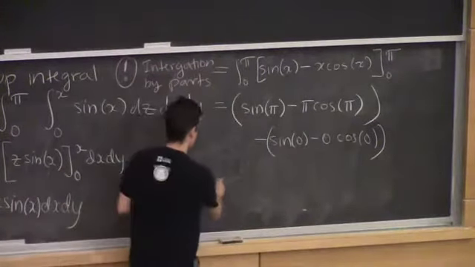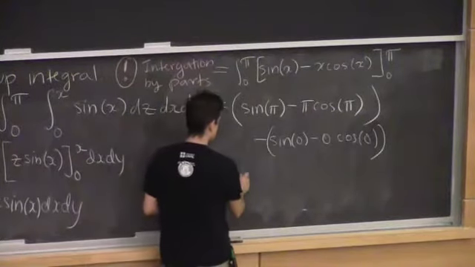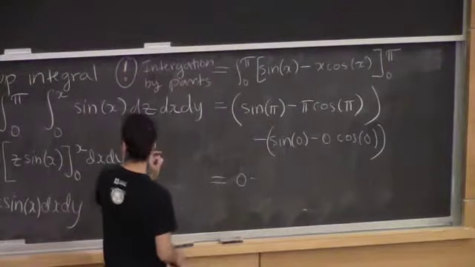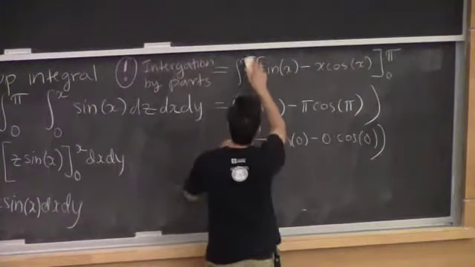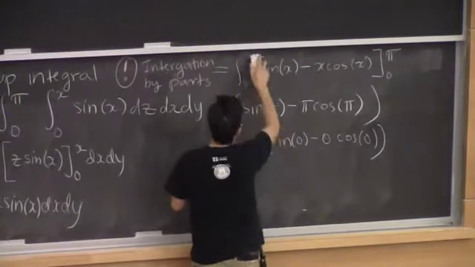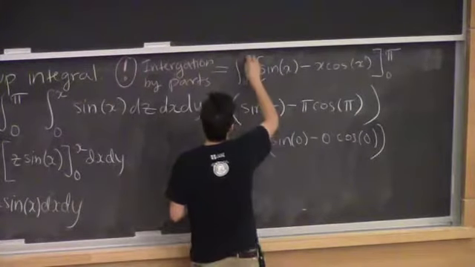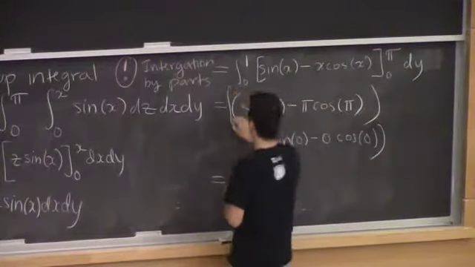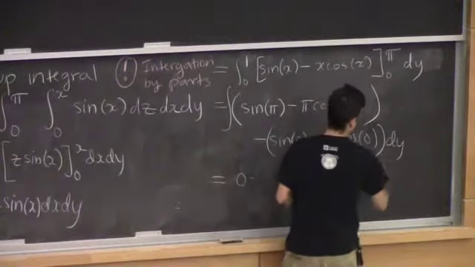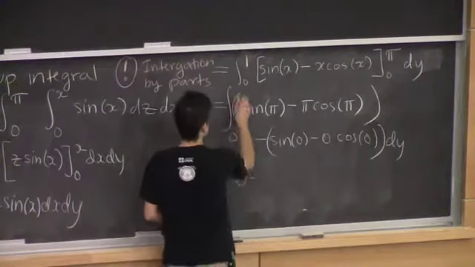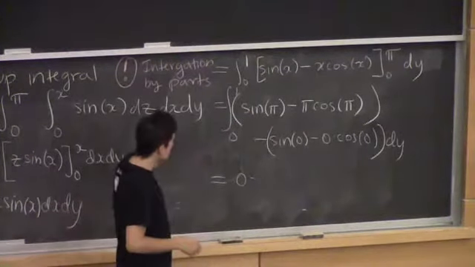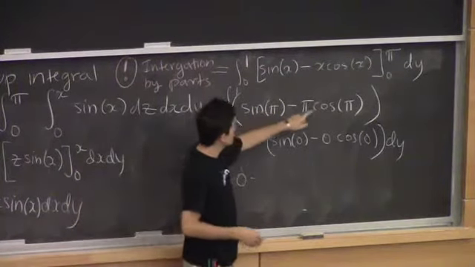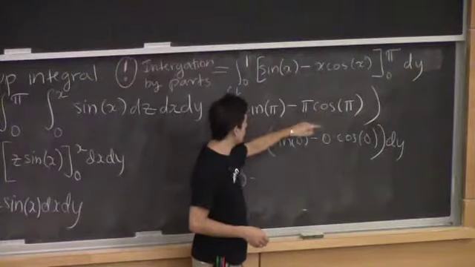Okay, and we get sine of pi is 0 minus, we are still in one more level of integral. Okay, so we get sine of pi is 0, cos of pi is -1.